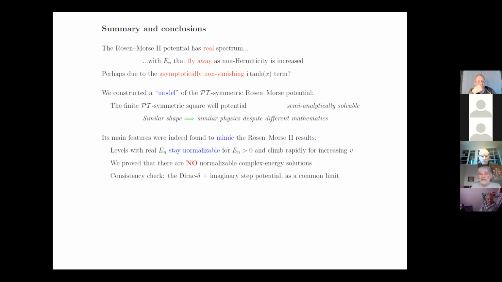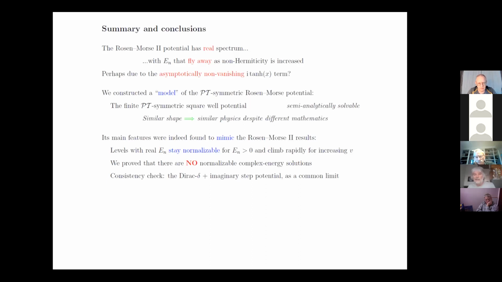So the answer to the question which I raised in the title, are the two potentials similar, or are the physical results similar or not? Partly they are similar, partly they are not, but the cross features, the most important features, are the same. Levels with real energy stay normalizable if you go to positive energy, and climb rapidly if you increase non-hermiticity.